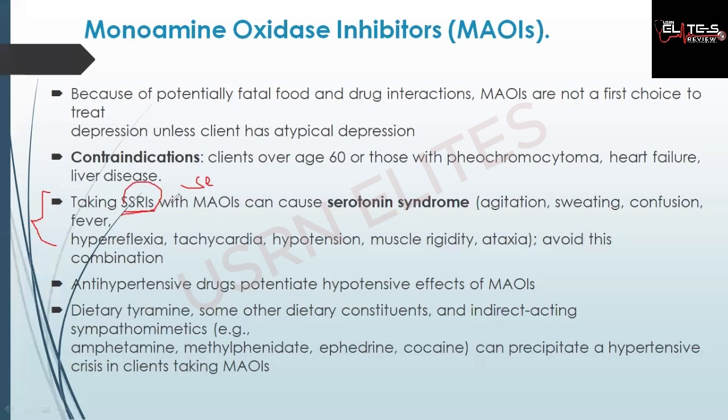Most of the time they don't combine sertraline and selegiline, but they can give you sertraline and maybe isocarboxazid. You should think about serotonin syndrome if they are used together.